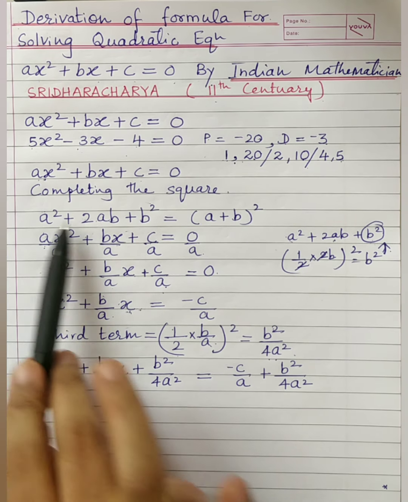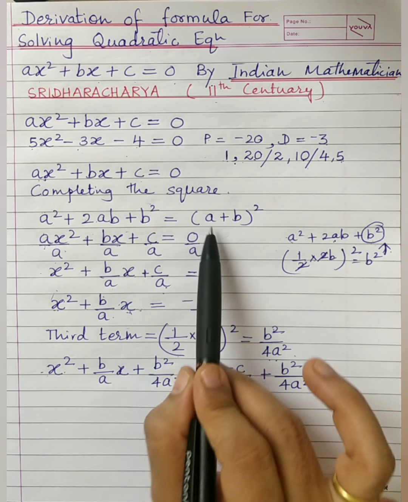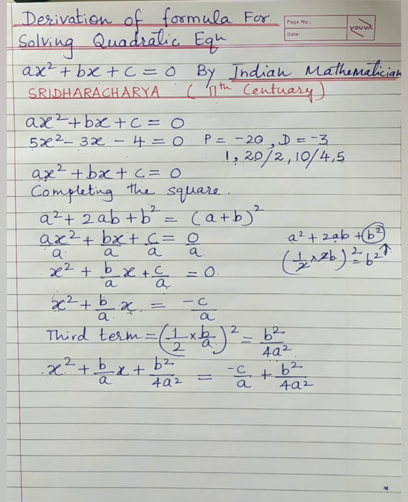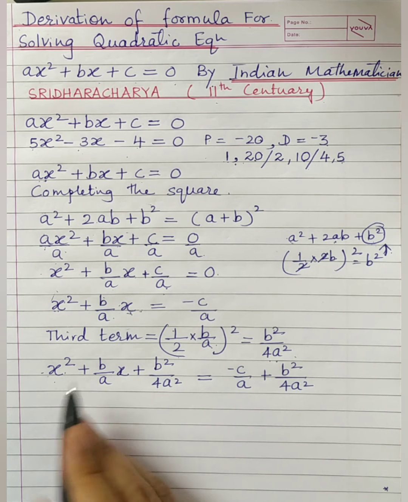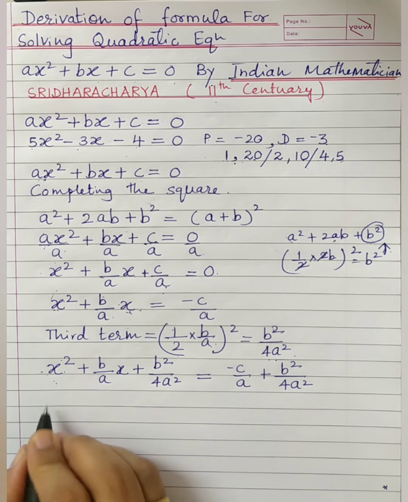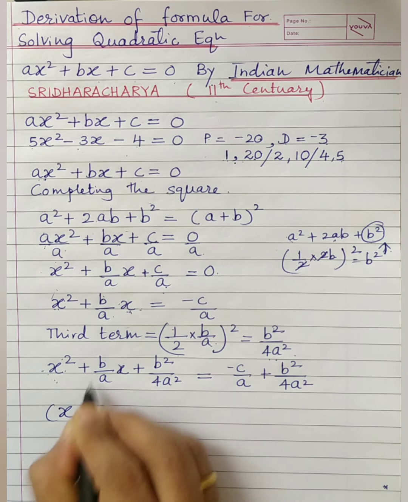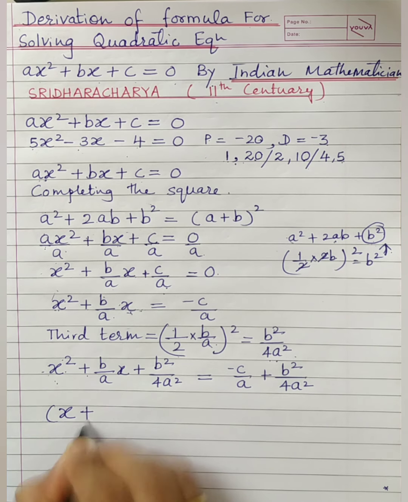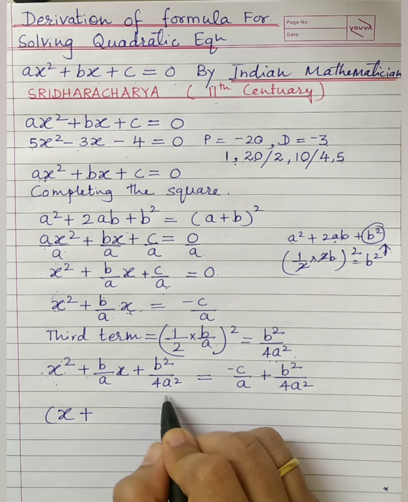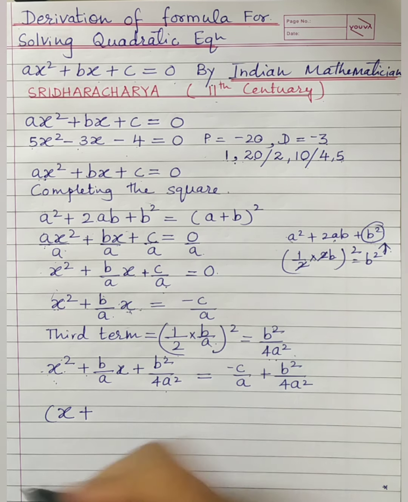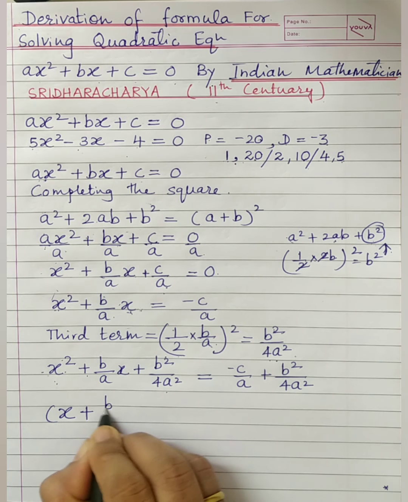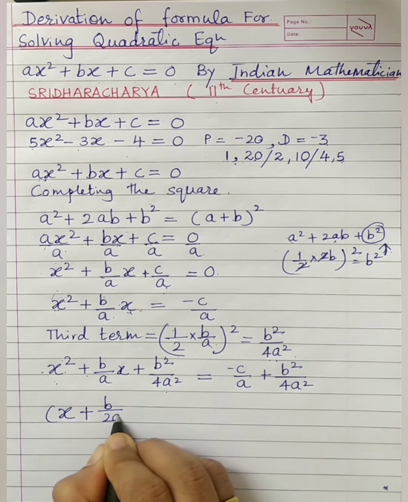It is like a square plus 2ab plus b square, which results into a plus b the whole square. So this is a perfect square in terms of what? X square will give you what? X, right? What is the connecting sign here? Plus. And b square upon 4a square. So it is the square of what? B upon 2a.